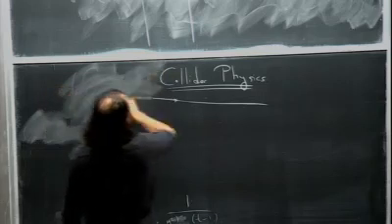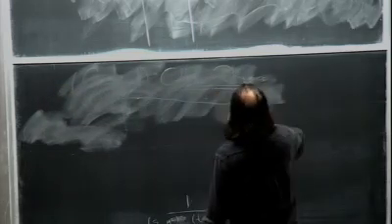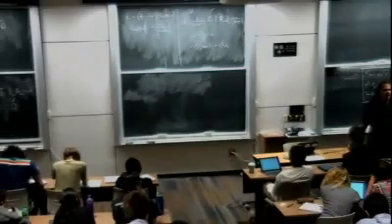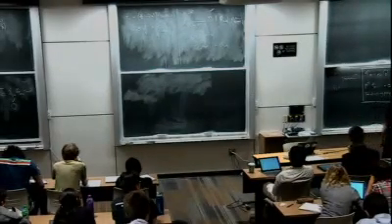Maybe I'll just make one other comment. Here we are talking about scalars coupled to a massive spin-s particle. What would it look like if we're coupling to a massless spin-s particle?